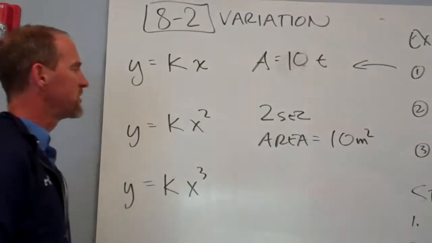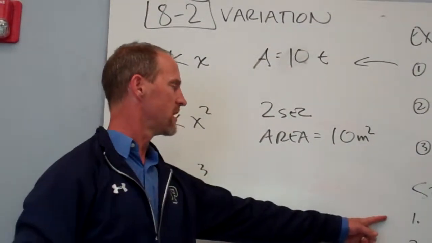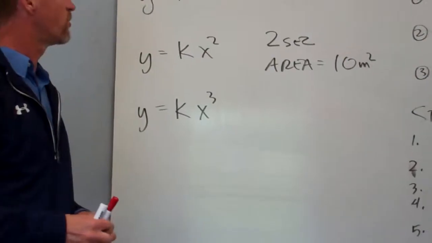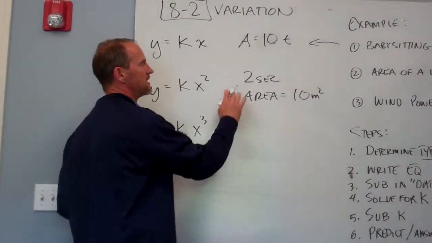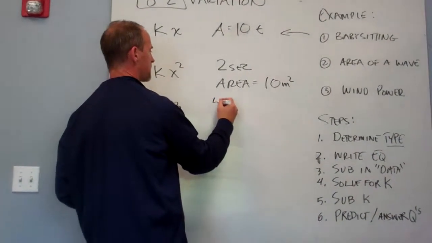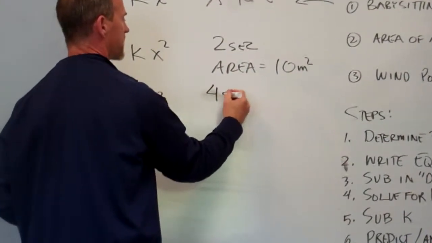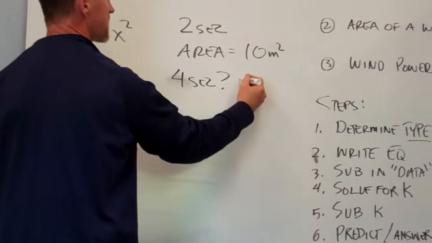What you want to do now is follow the steps to write an equation that will model this square variation and then make a prediction as to what the area is going to be after, say, 5 seconds. Actually, let's make it 4 seconds. 4 seconds. What's the area?